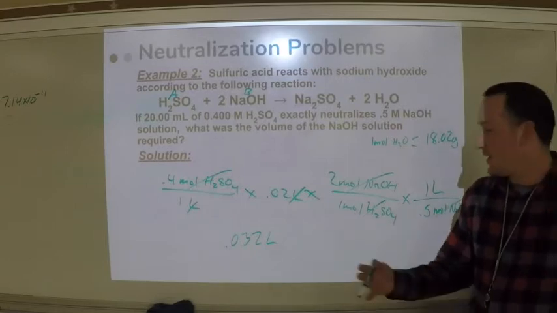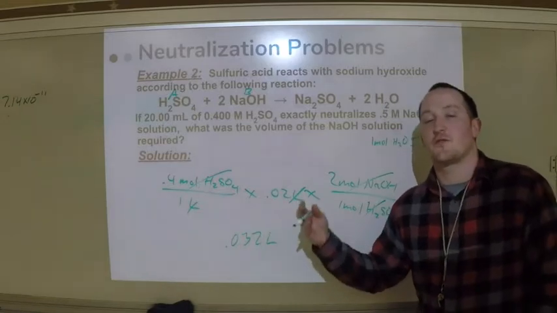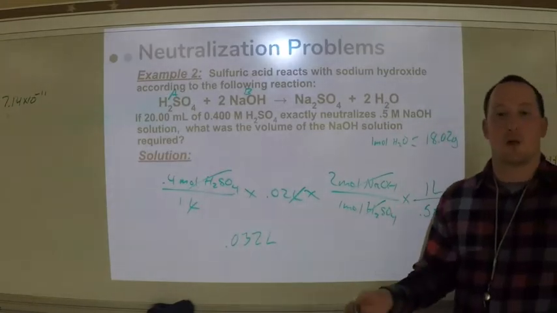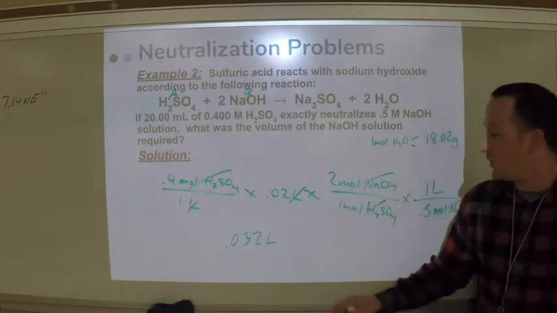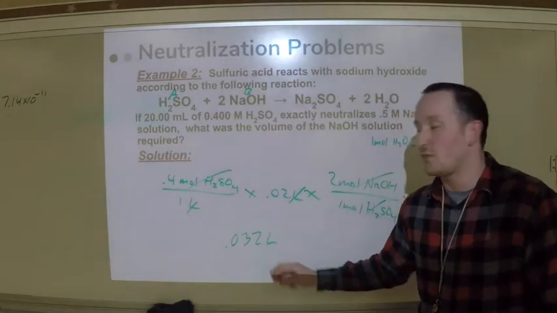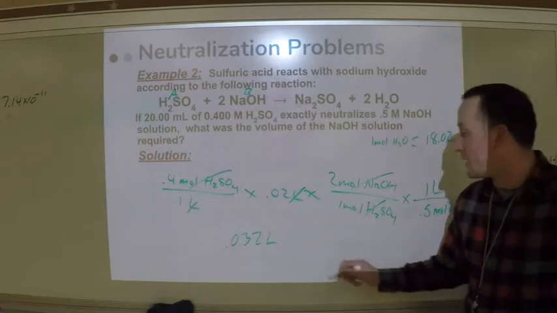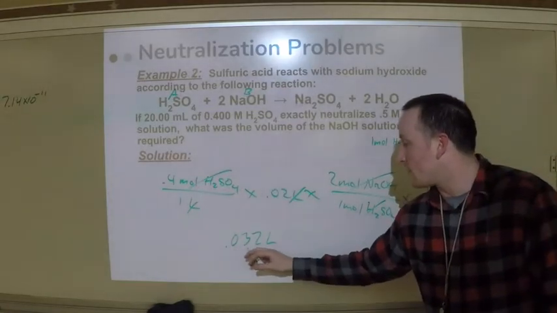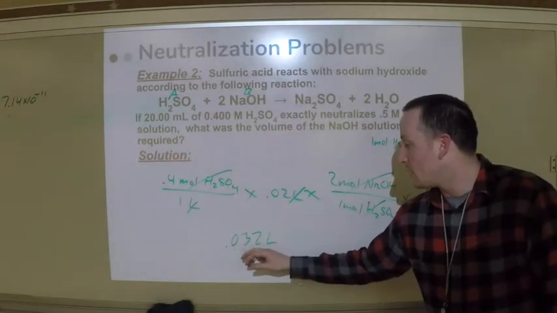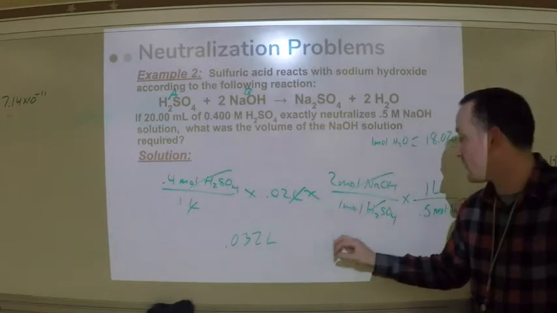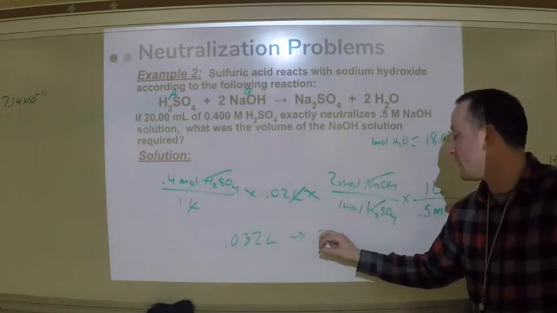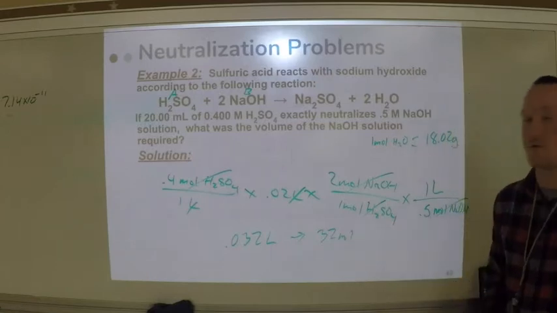Well, remember, since this is liters, to convert from liters to milliliters, we multiply by 1,000. Another way to do that is move the decimal point 3 spots to the right. If I move this decimal point 3 spots to the right, that gives me 32. So if I wanted it in milliliters, that would be 32 milliliters.